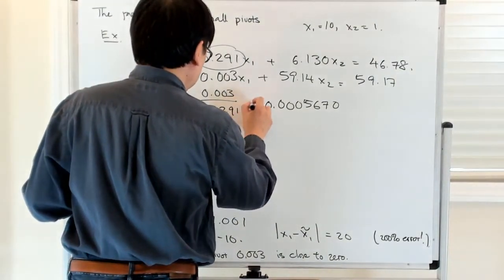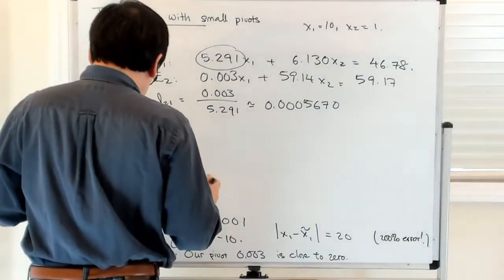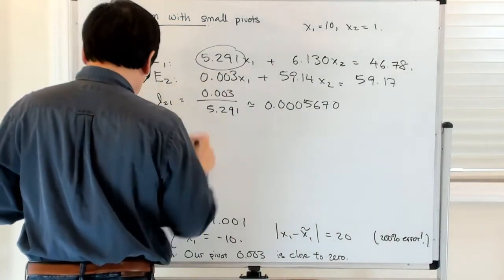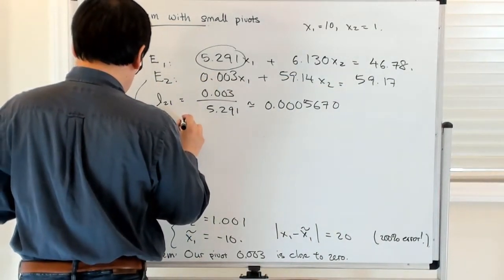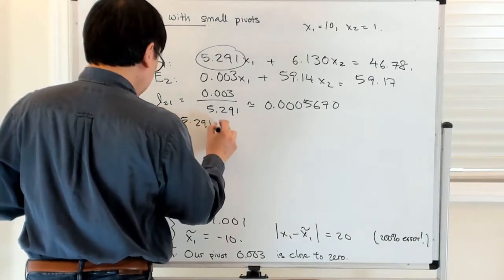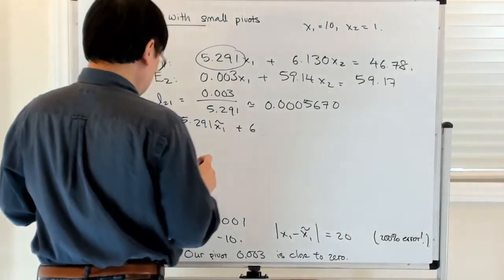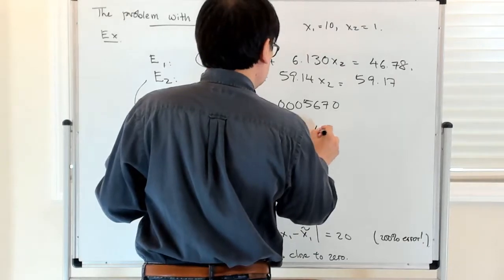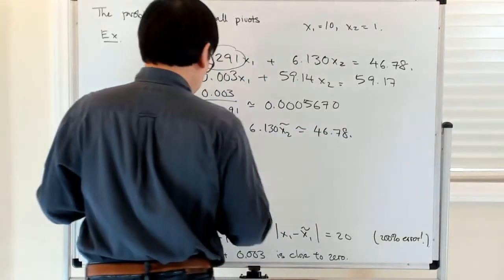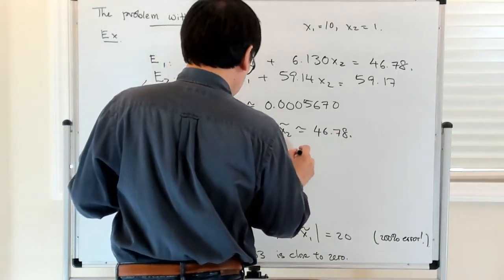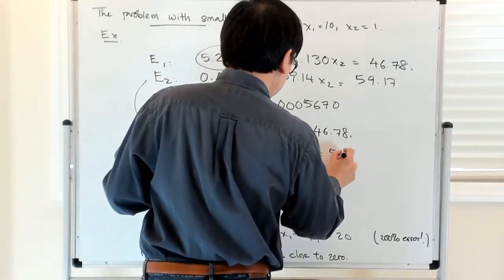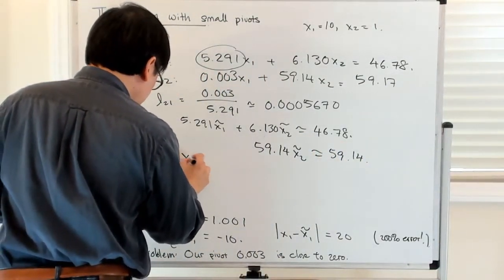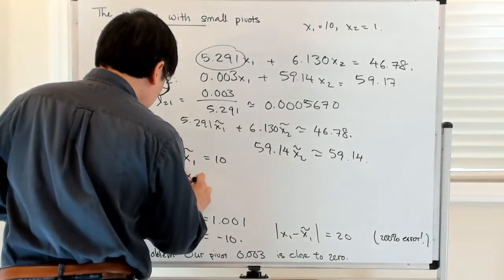When you do this elementary row operation to zero out this entry, the equations you get are 5.291 x1 tilde plus 6.130 x2 tilde is 46.78 as before, and then 59.14 x2 tilde is approximately 59.14. If you do these calculations, then x1 tilde is 10 and x2 tilde is 1.